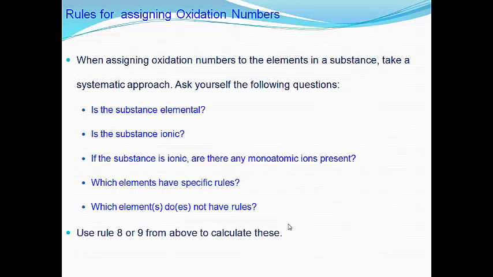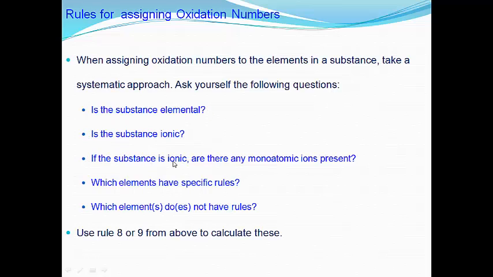What I want to direct your attention to, however, is that when you are assigning oxidation numbers, there are certain questions that you need to ask in order to embark on the systematic approach of assigning oxidation numbers. A couple of them include: one, is a substance elemental? Is a substance ionic?